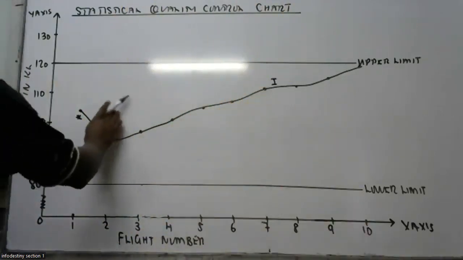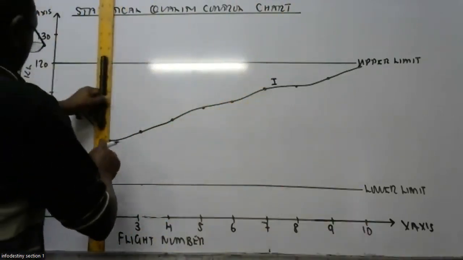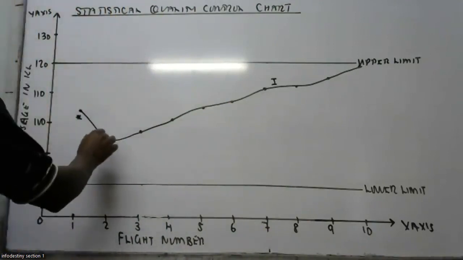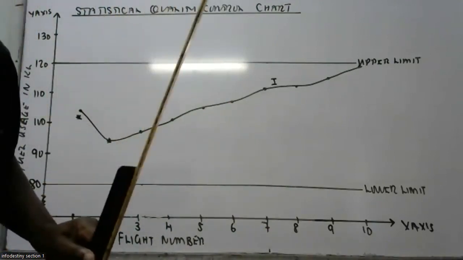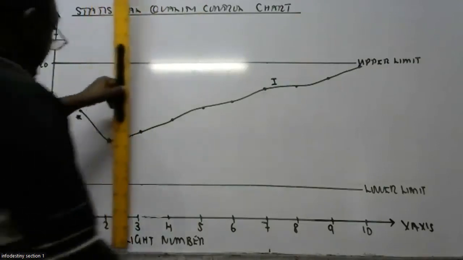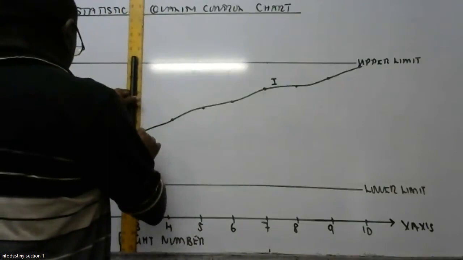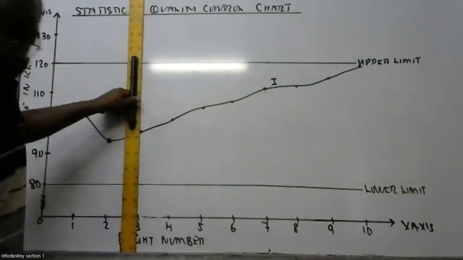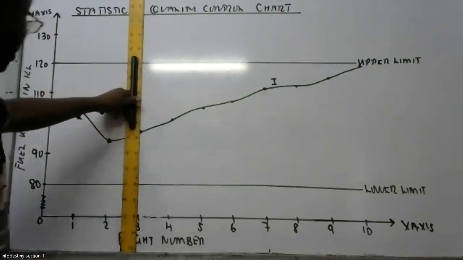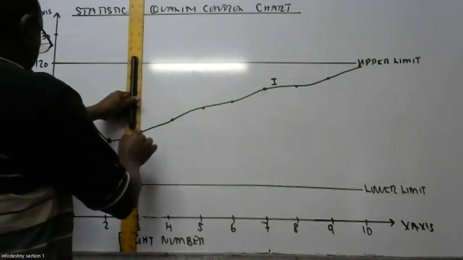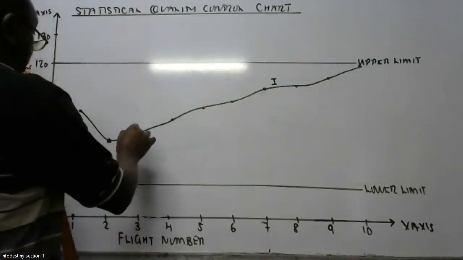So 94 is there, followed by 96. So 96 is somewhere here.